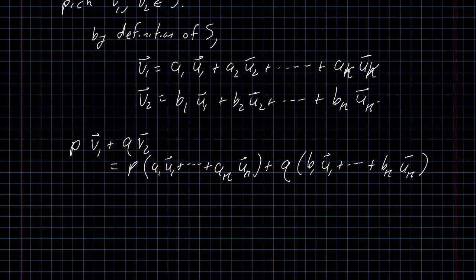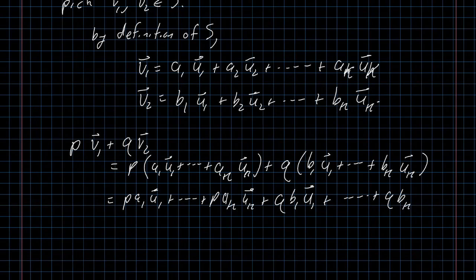And using rules for rearranging things, I can distribute PA1U1 down through to PAKUK, QB1U1, all the way down through to QBKUK.